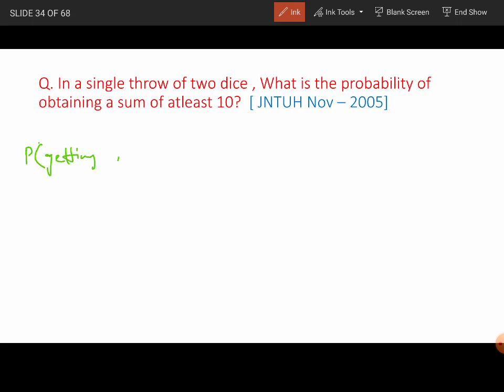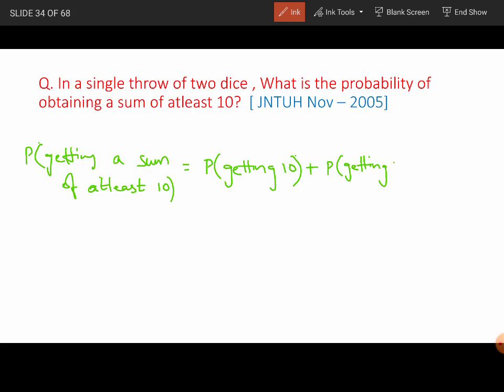The probability of getting a sum of at least 10 is equal to the probability of getting 10 and above 10 also. So the probability of getting 10 plus probability of getting 11 plus probability of getting 12. Because when 2 dice are rolled, the sum will not be more than 12.